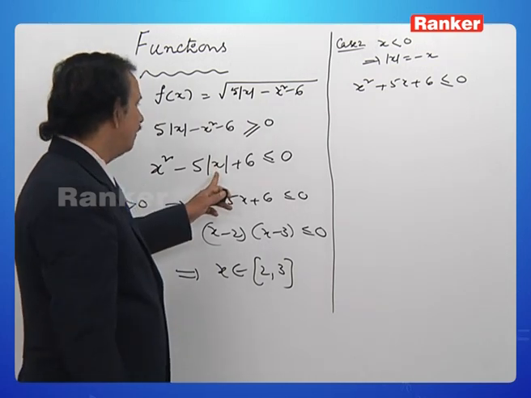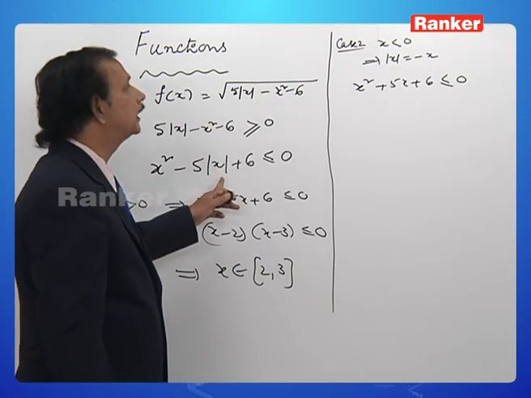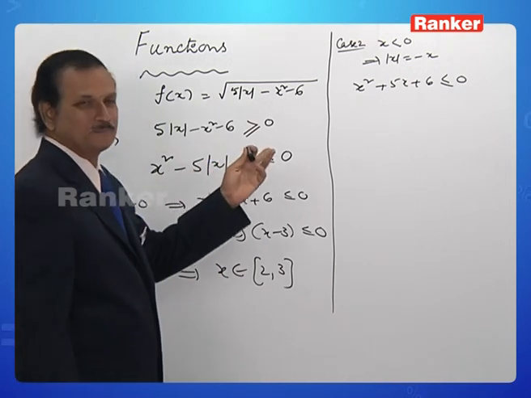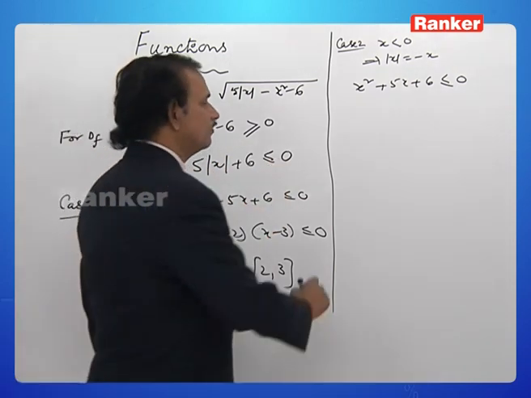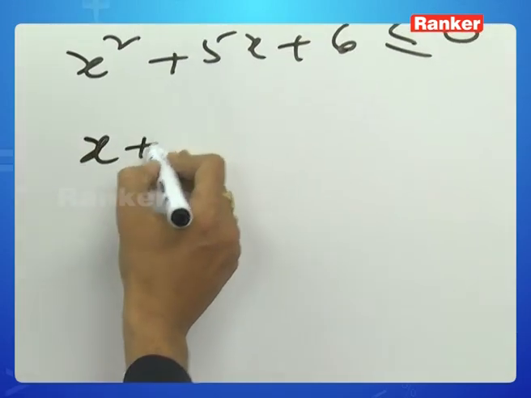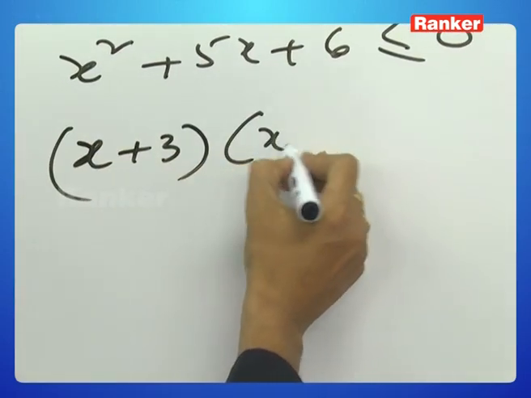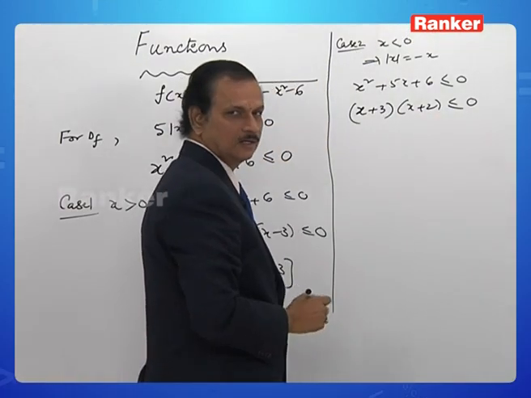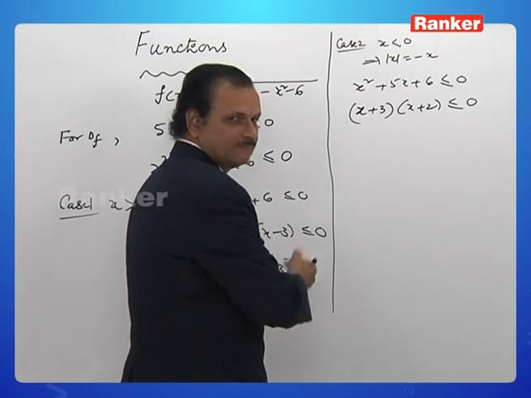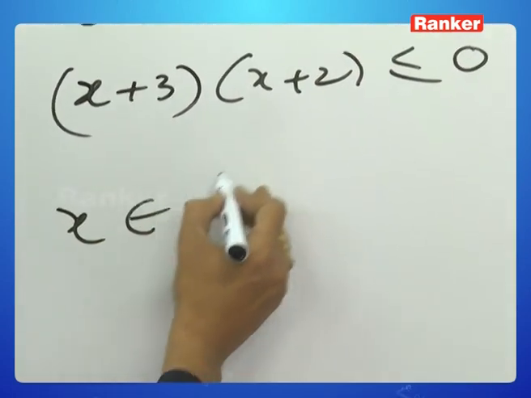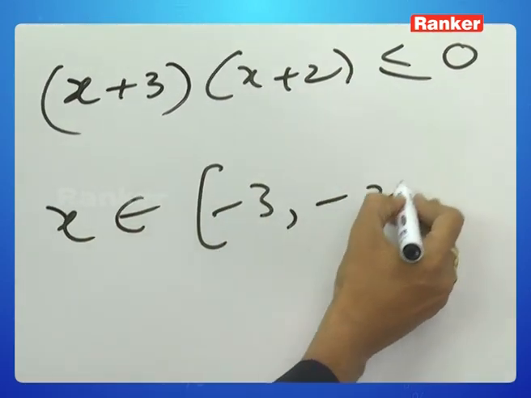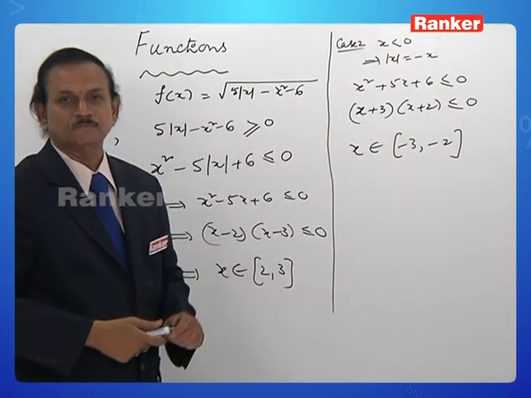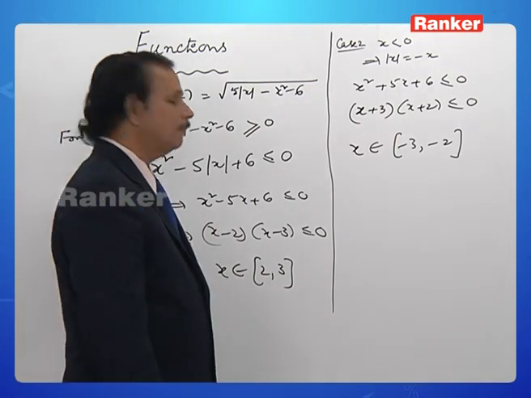We have taken minus x in the place of mod x because x is less than 0, so that this relation becomes x square plus 5x plus 6 less than or equal to 0. It is again x plus 3 into x plus 2 less than or equal to 0. So by similar knowledge, we say that x belongs to minus 3 to minus 2.